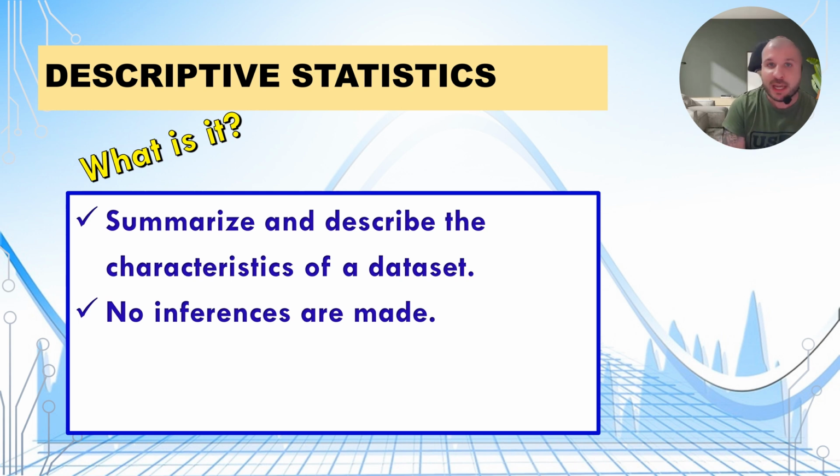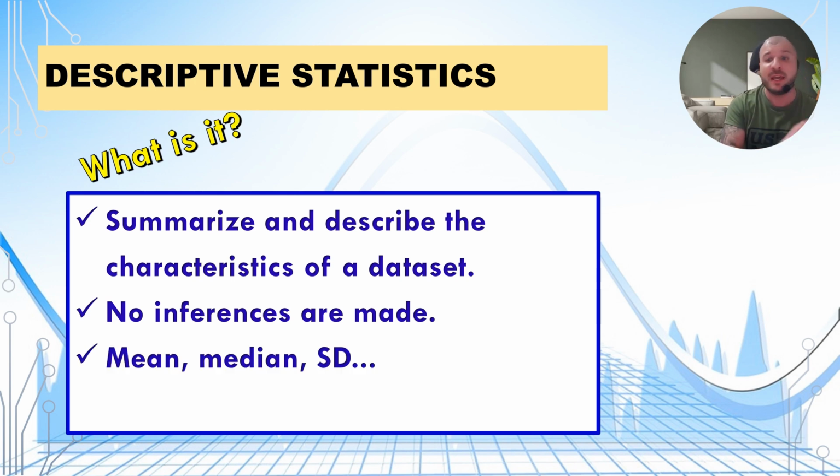So the only output that we get from this descriptive statistics is, for example, the mean, the median, the standard deviation, but no conclusions can be drawn out of these data, especially because we are not using any other statistical procedures. Of course, we can see that the mean is higher here than in the other group. That's clear. But we cannot draw any conclusions. That's something we gotta have very clear, right?